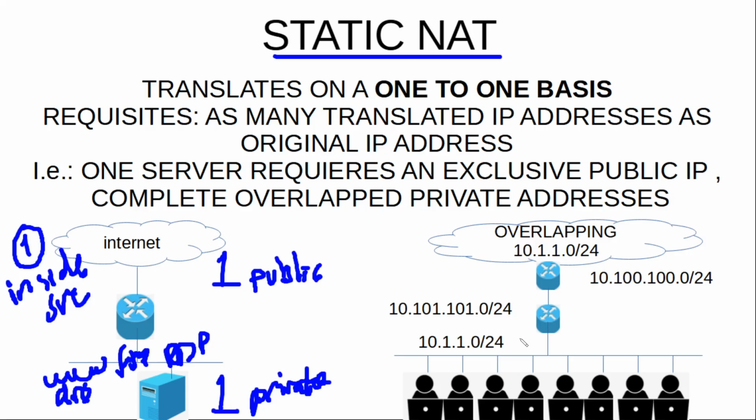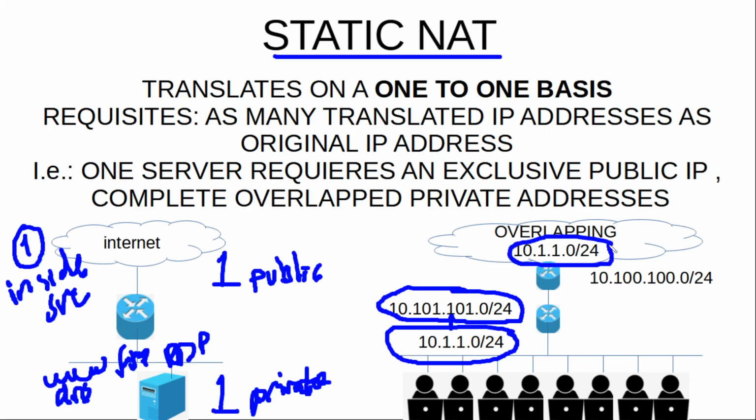So we have this other example. You have this complete /24 network that you want to translate into this complete /24 network. So in this case, it makes sense to use a static NAT. For instance, you could use this translation if you have an overlapping network.